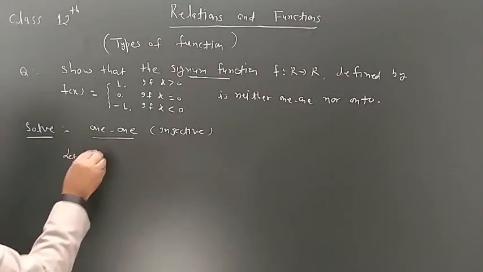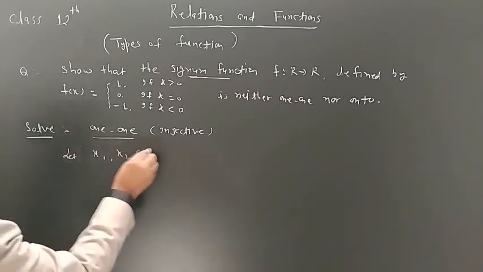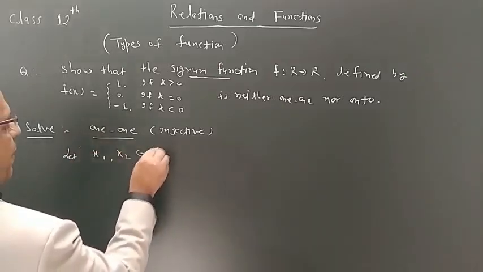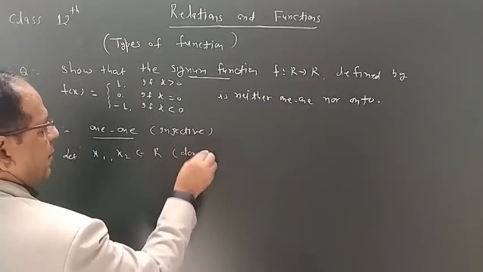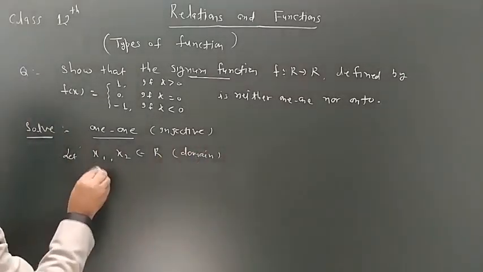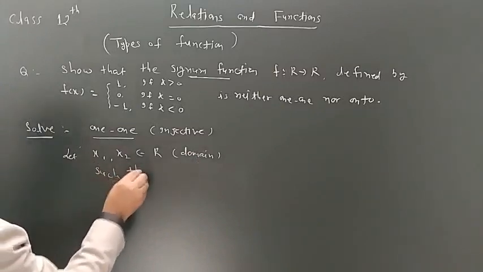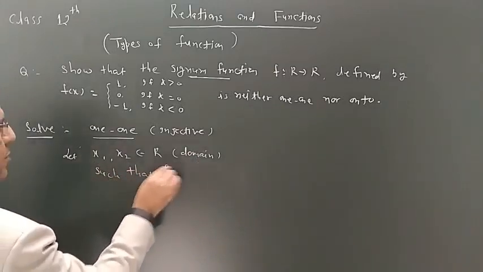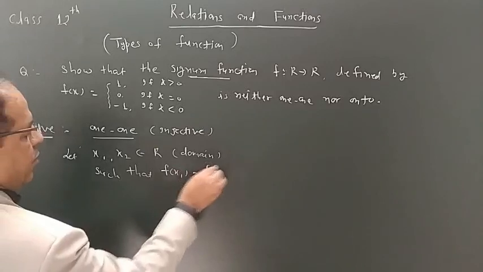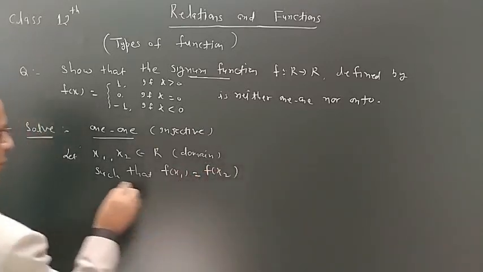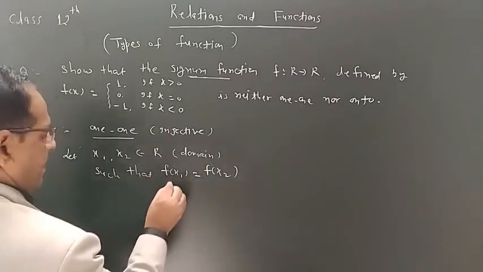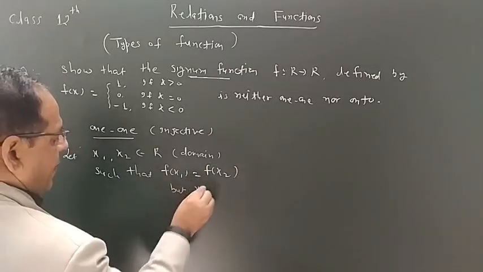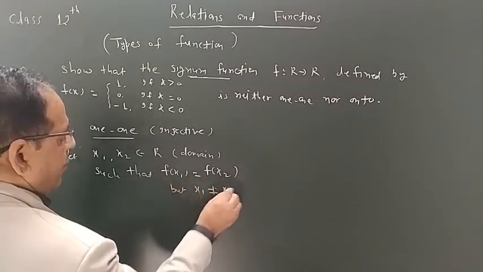We start with: let x1, x2 belong to the set of real numbers, which is the domain, such that f(x1) equal to f(x2), but x1 not equal to x2.